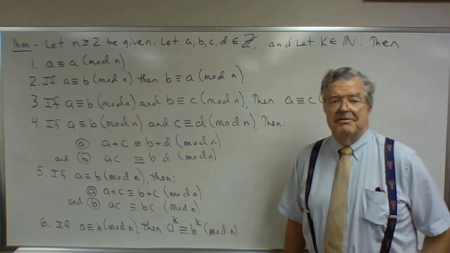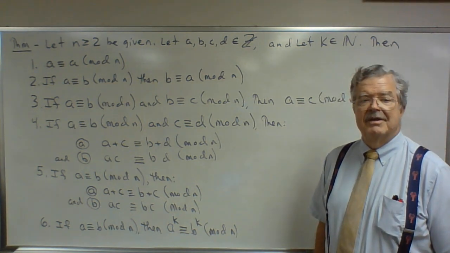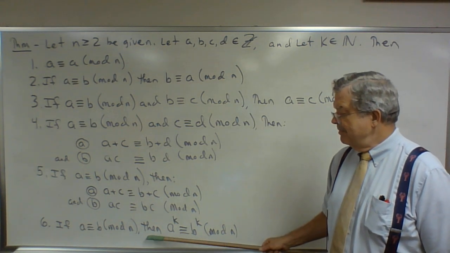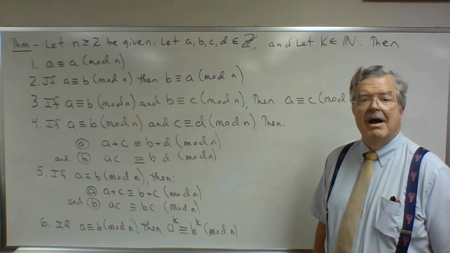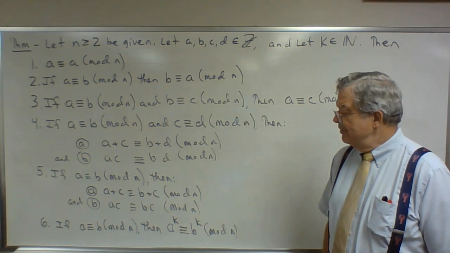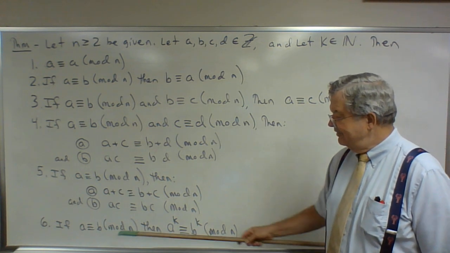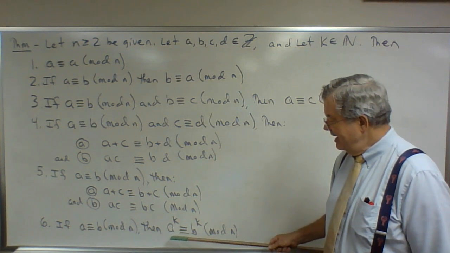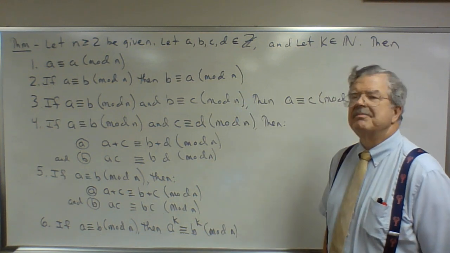Now the last of these properties, in my opinion, is the one that's really mind-blowing. We can raise both sides of a congruence to a power and still have a congruence.